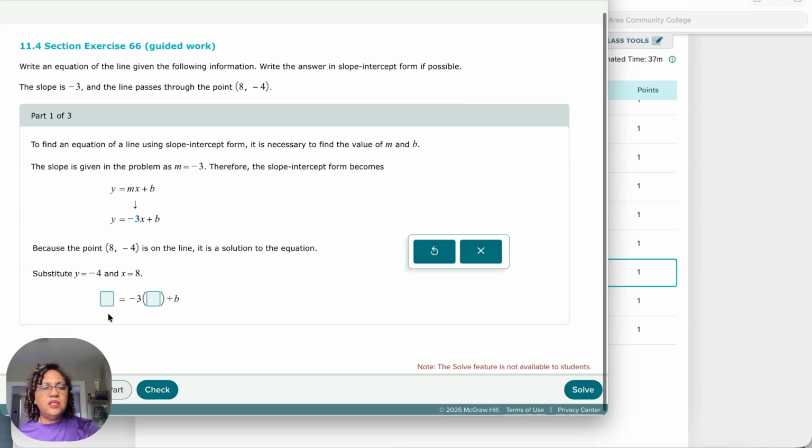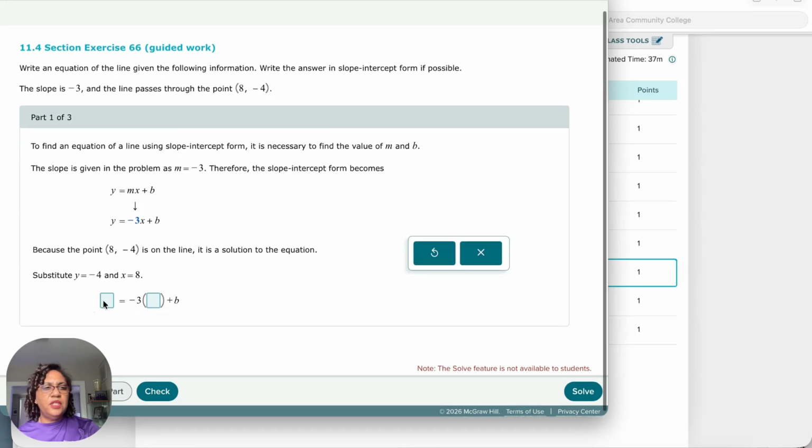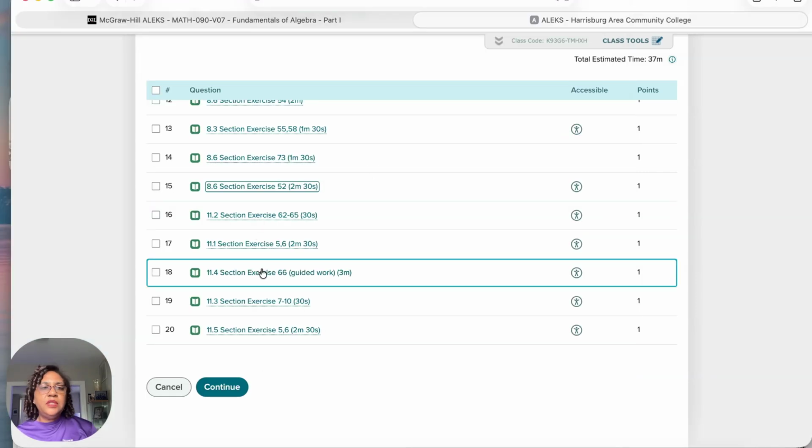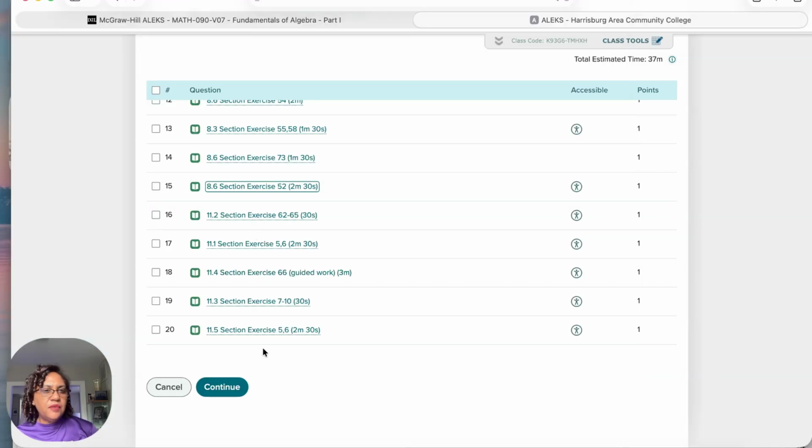I think this is a step-by-step. So for this part, you would put -4, -4, and 8. Okay, so you just need to go through that step by step and figure out what b is. That was 11-4.